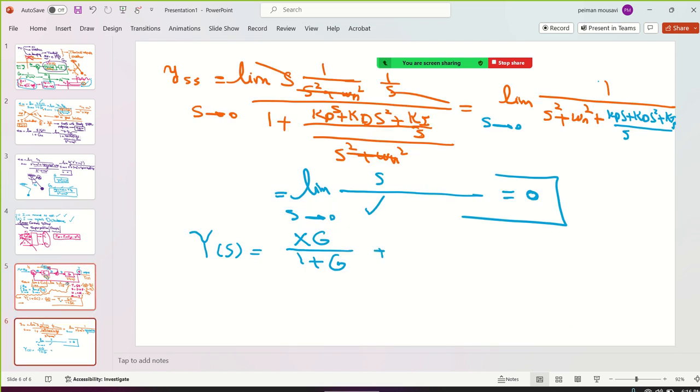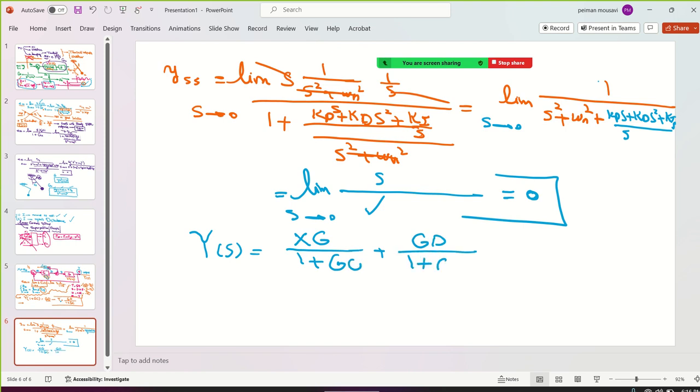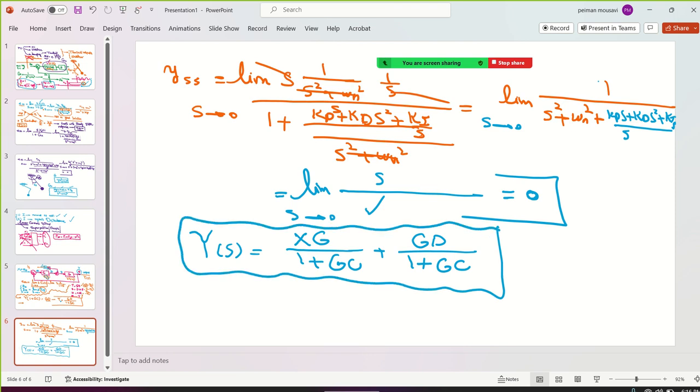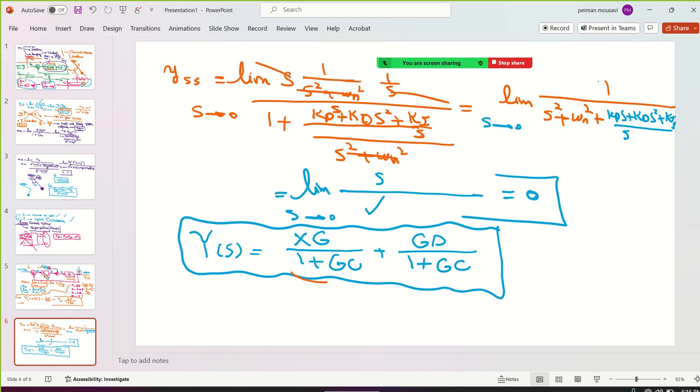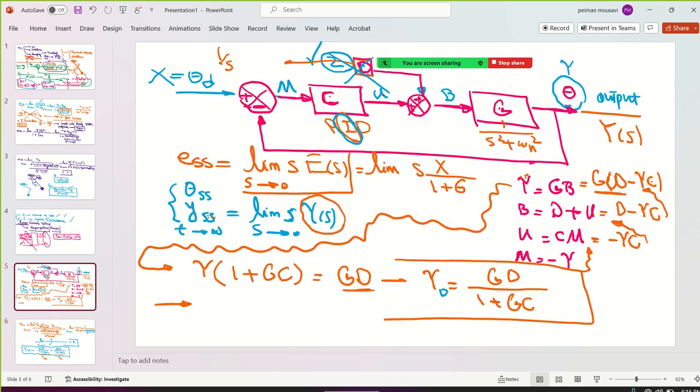Plus what? gd over 1 plus gc. This is your total y of s by accounting 2 inputs to the system. This is superposition principle. This is y of theta d. This is y of disturbance. What I showed you by adding I, disturbance has no effect on the y. And that's why you see such a response in the Simulink.